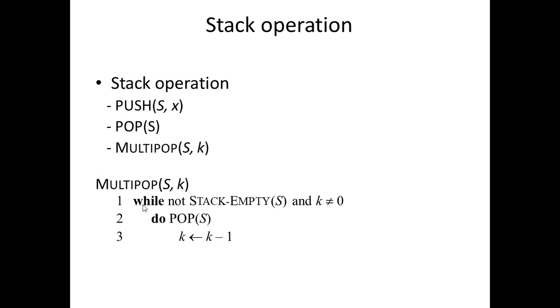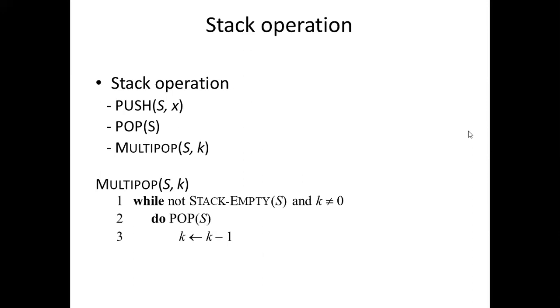The first step is while not stack empty of s, that means in the stack there are some elements, and k not equal to 0. That means we are removing the k number of elements. So do pop of s, meaning remove the elements from the stack.